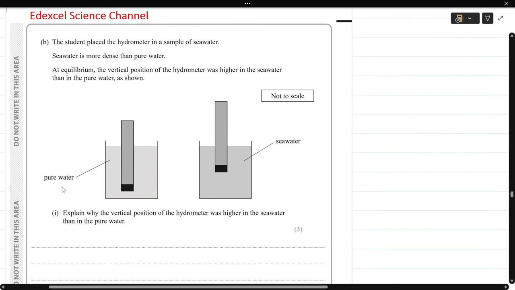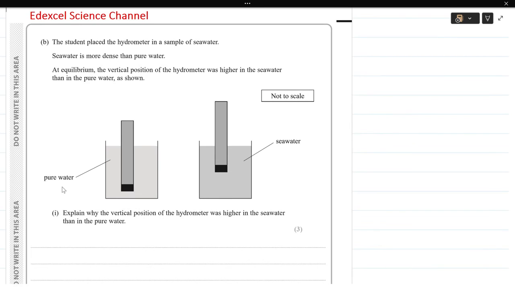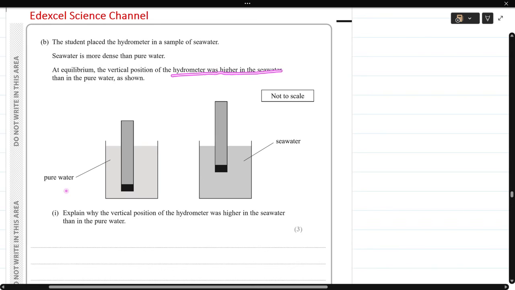Question number 2. The student placed the hydrometer in a sample of seawater. Seawater is more dense than pure water. Why? Because it has salt dissolved in it. At equilibrium, the vertical position of the hydrometer was higher in seawater than in pure water.